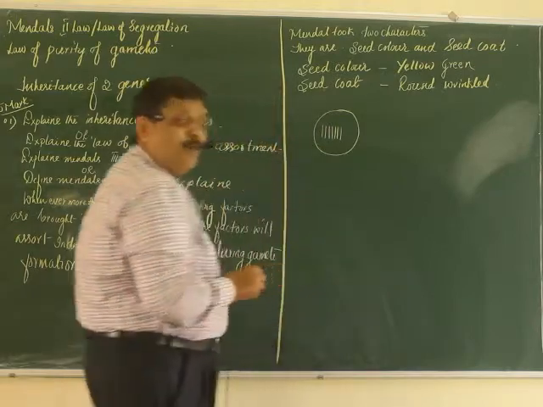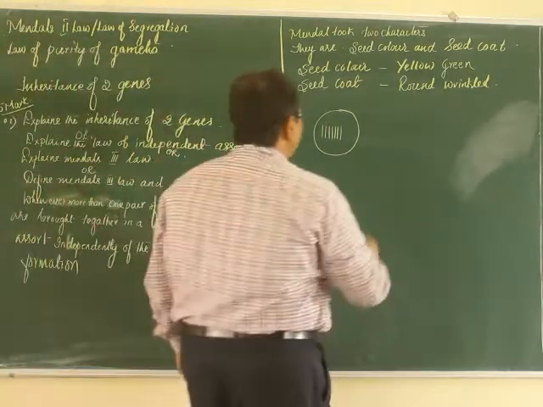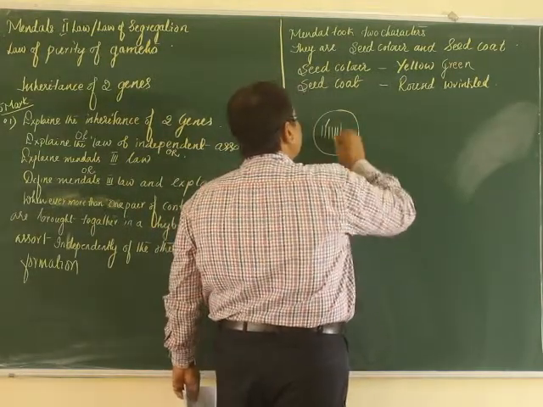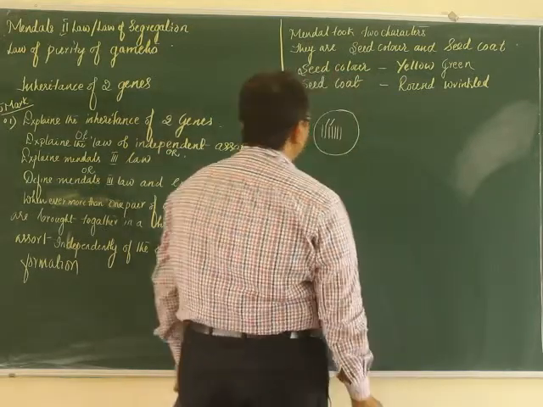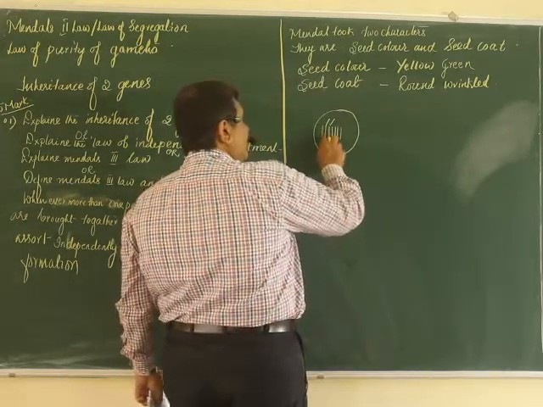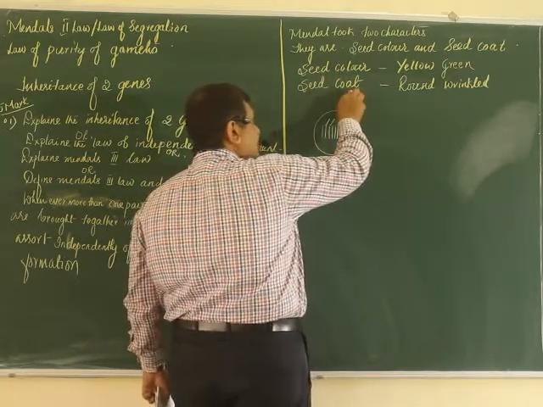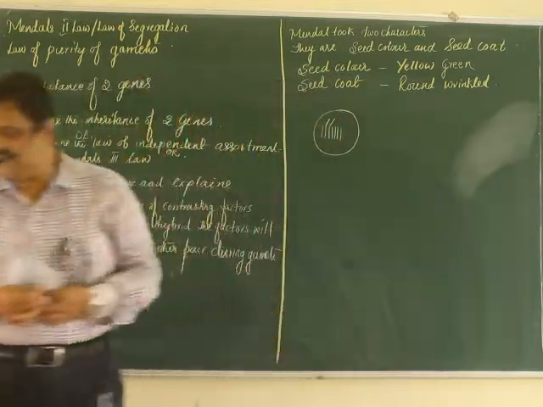It must have all the haploid set. Out of that, the seed color representing gene is also there. Seed coat color representing gene chromosome will also be there. Suppose the 2nd chromosome represents seed color and the 3rd chromosome represents seed coat, then both should be there in the gamete. I hope it is clear to you.